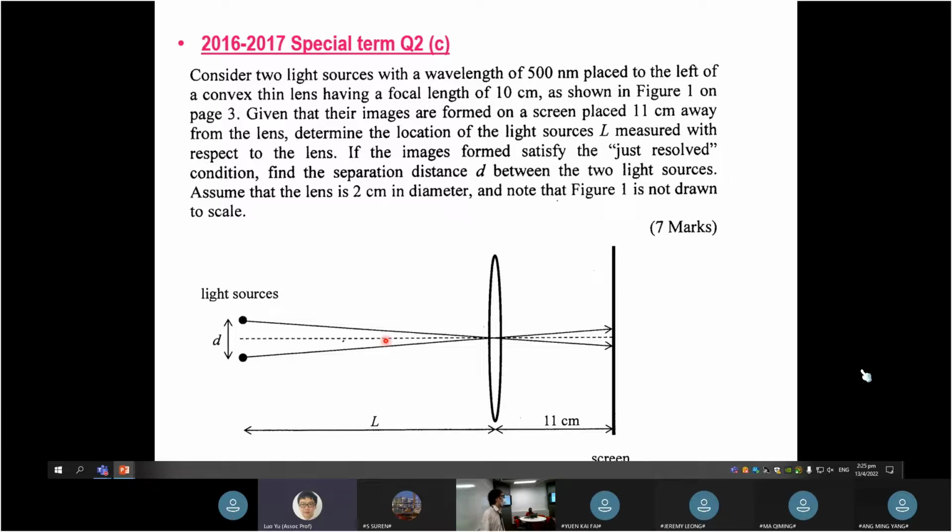Why do I say it's 1.22, not just lambda over d? It means I'm considering a circular aperture. Why is this a circular aperture, not a slit aperture?